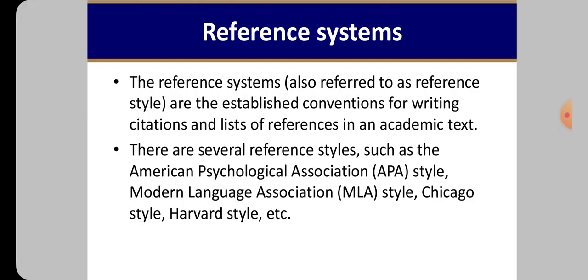There are several reference styles, such as the American Psychological Association, that is APA, which is the most common reference style, followed by the Modern Language Association, the MLA style. We have Chicago style, Harvard style, and so on. There are so many styles, but the most common ones are the MLA and the APA.